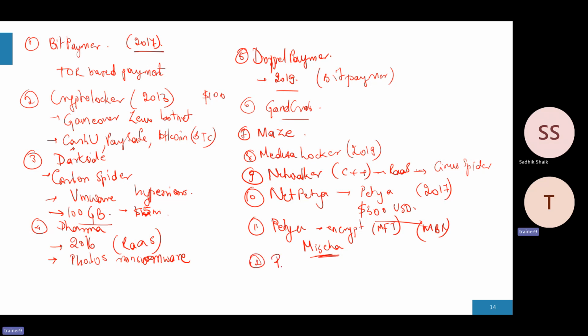Then we have REvil. REvil, primarily somewhere in 2019, from Pinchy Spider, was ransomware as a service, with a threat where it was trying to leak the victim's data to an underground forum.